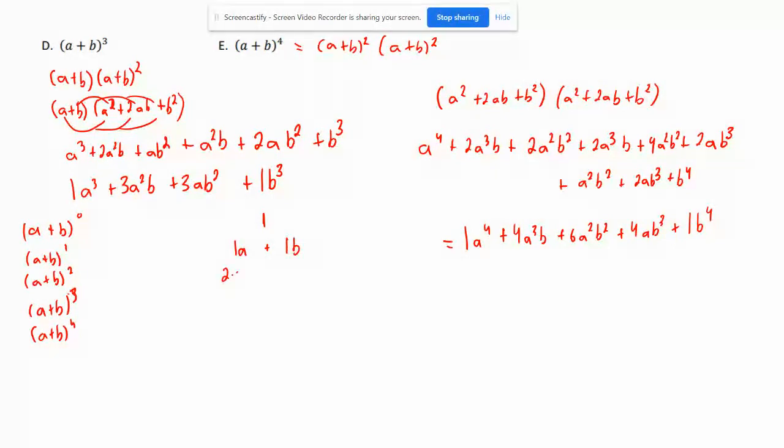This answer was 1a squared plus 2ab plus 1b squared. The next one was this one, and our last one was this one.